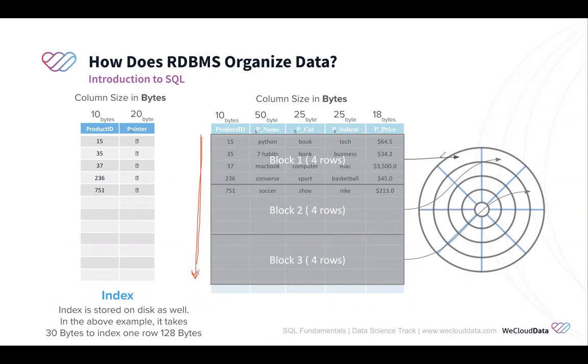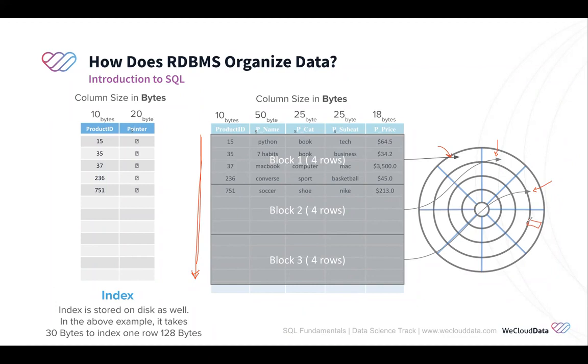And on the hard drive, your disk is going to start spinning, and you start to read from the first block for this table, move on to the next block, and the next block, until you find that product ID, right? And it may take you a long time to find that. So that means we didn't store the data in a very optimized way.